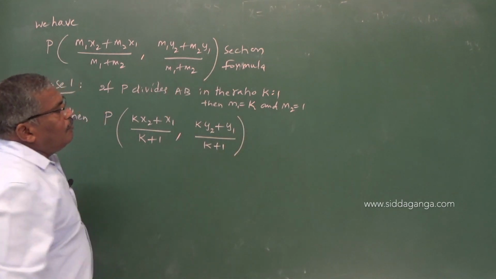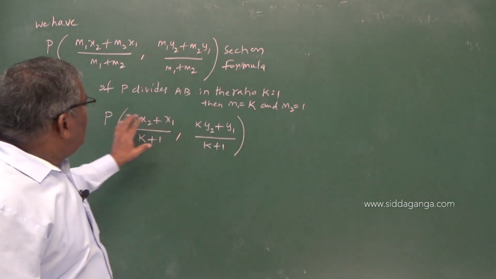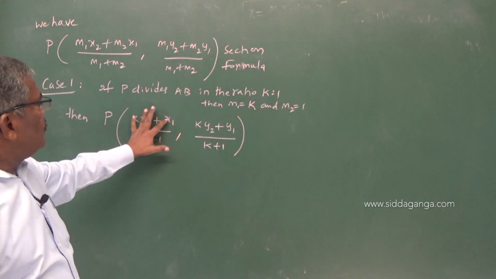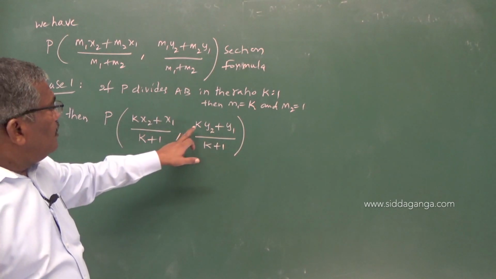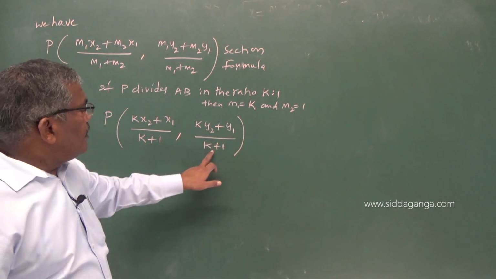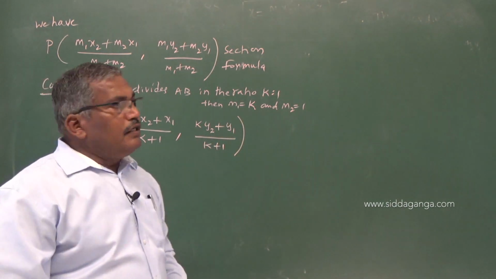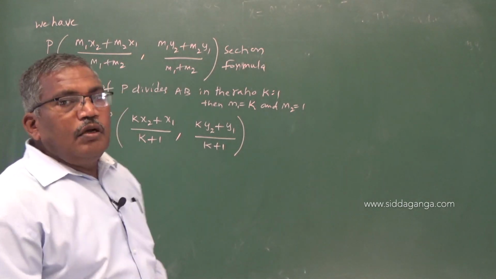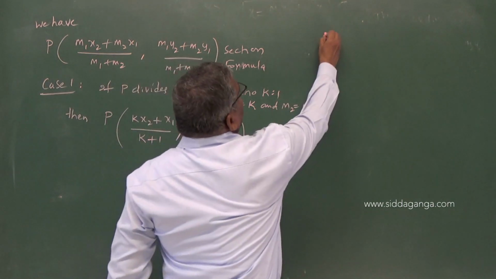So when the ratio is k is to 1, the point becomes (k x2 plus x1) divided by (k plus 1), (k y2 plus y1) divided by (k plus 1). The formula is a little bit simplified and it is easy to solve problems. So one more, case 2, I will take up here.